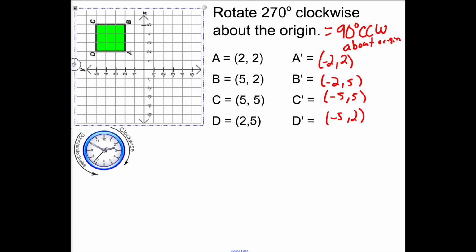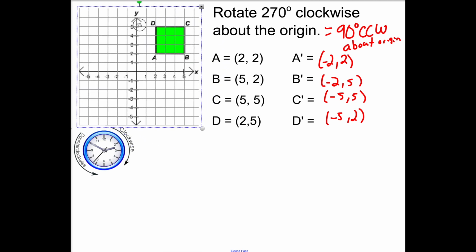Okay, let's take this and go ahead and reset it back to the beginning, how we first found it. -2, 2, -2, 5, -5, 5, -5, 2. Now we are going to want to label because this is a square, and squares are kind of odd.